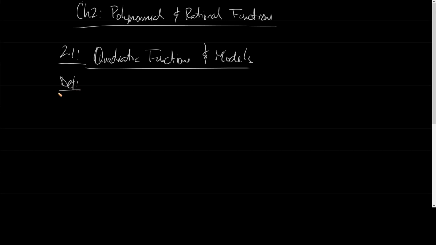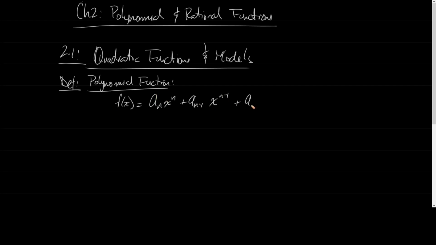So we're going to start with a definition here, and this definition is for a polynomial function. Essentially it says if we have f of x in the form of a polynomial, for example, a sub n x to the n plus a sub n minus 1 x to the n minus 1 plus a sub n minus 2 x to the n minus 2, and so on, down to a sub 2 x squared plus a sub 1 x plus a naught, this is a polynomial function of degree n.